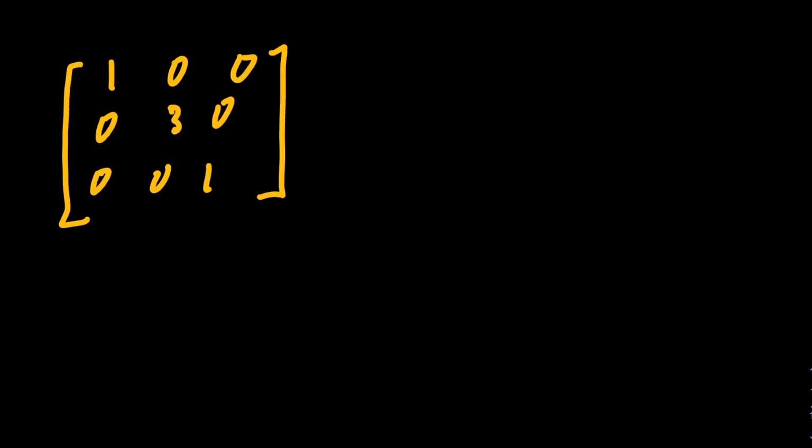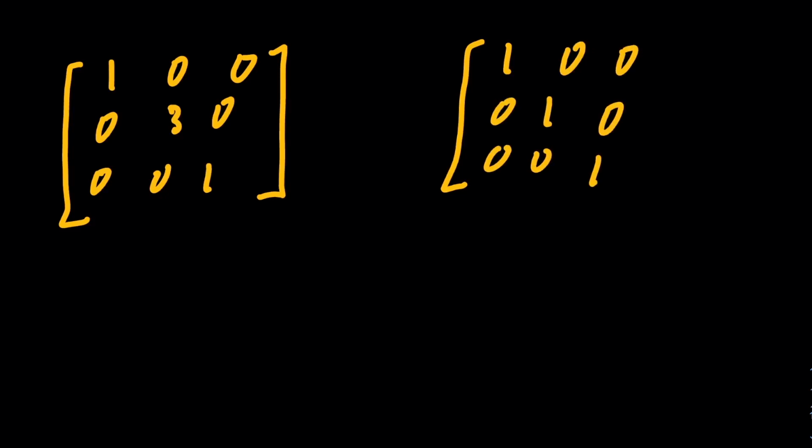In order to obtain it from the identity matrix, say we have the identity matrix with a diagonal of 1s. This was obtained by multiplying row 2 by a non-zero constant of 3. Therefore, this matrix is elementary.